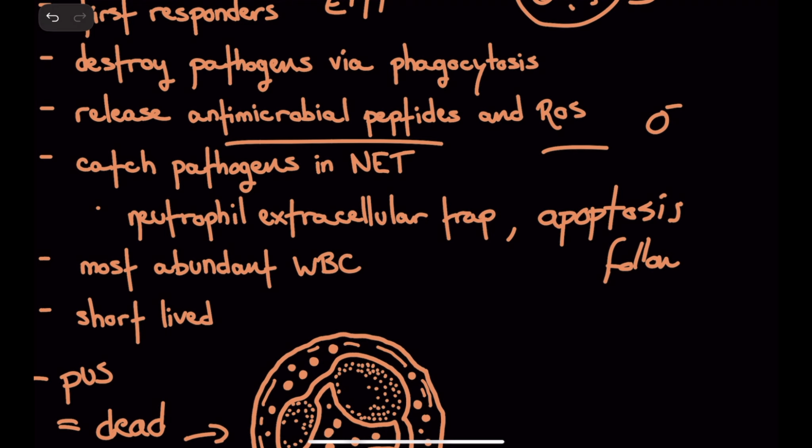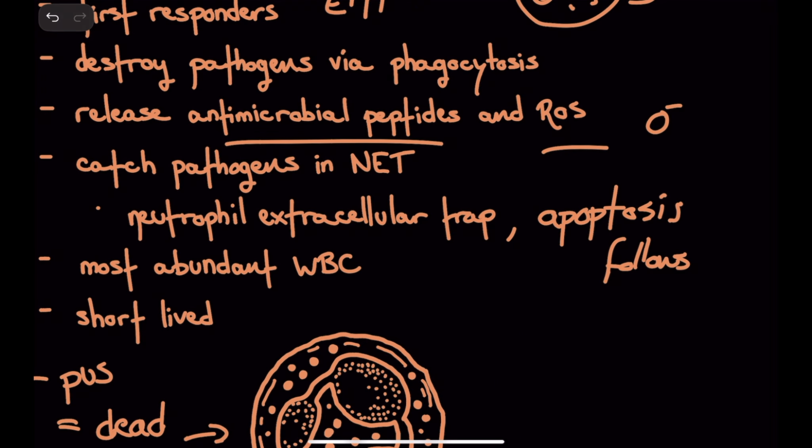The net they make is composed of their genetic material, their DNA. So you can't really live without your DNA. These cells die in their attempt to catch these pathogens and slow them down. We thank our neutrophils for their sacrifice.